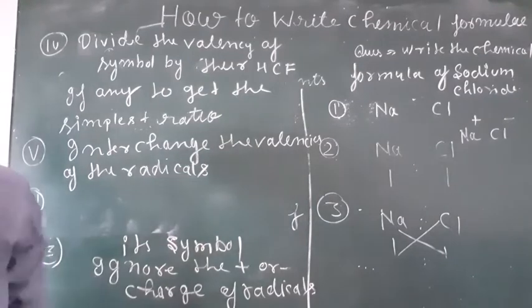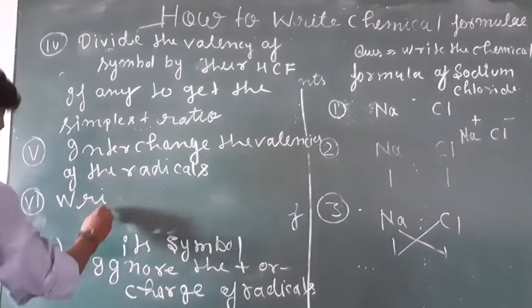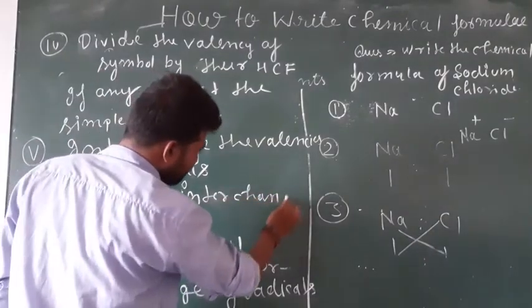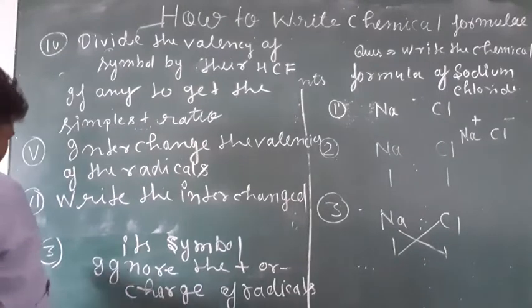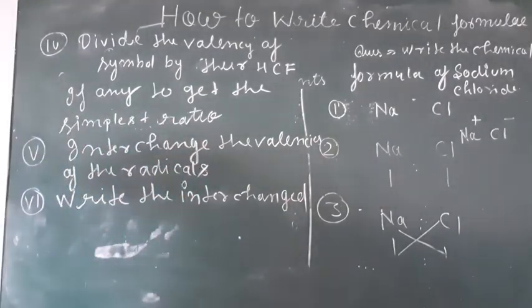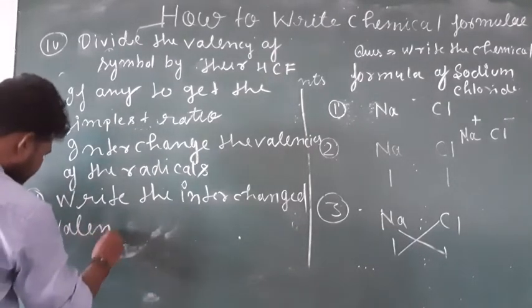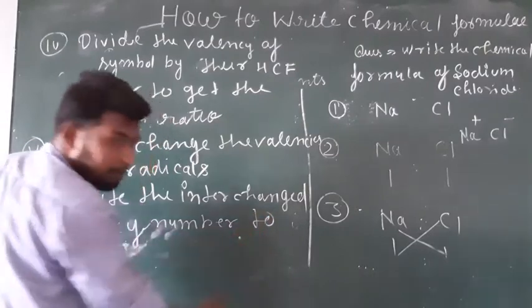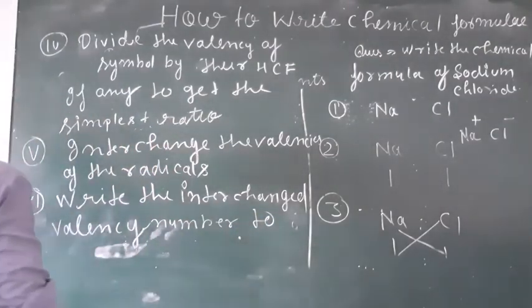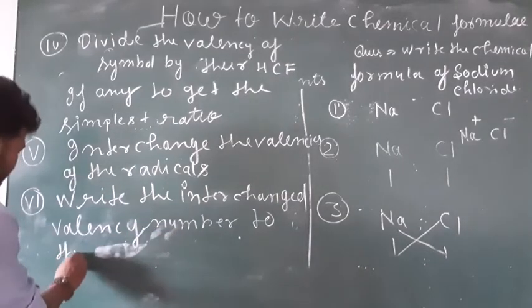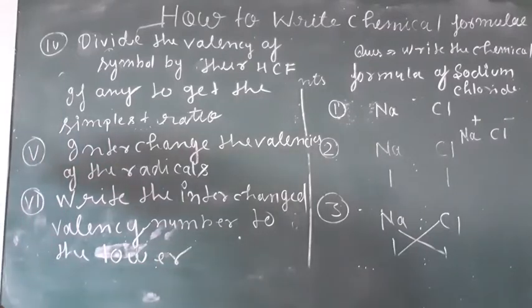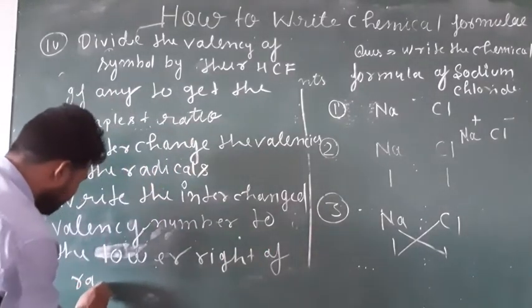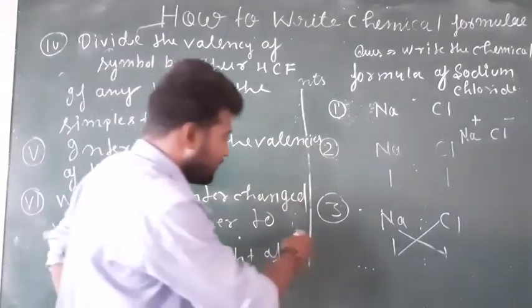Now rule number 6: write the interchanged valency numbers to the lower right of the radicals.